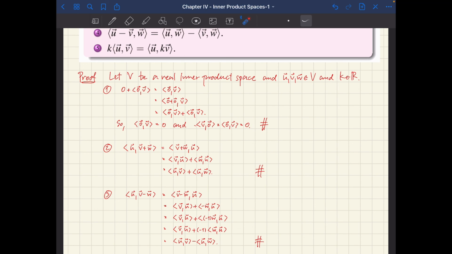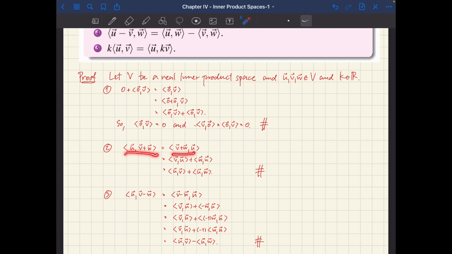From this equation, we conclude that the inner product of 0 and v is equal to 0. It's done. And the inner product of v and 0 is equal to the inner product of 0 and v by the symmetry axiom. And for number 2, we will use the symmetry axiom.